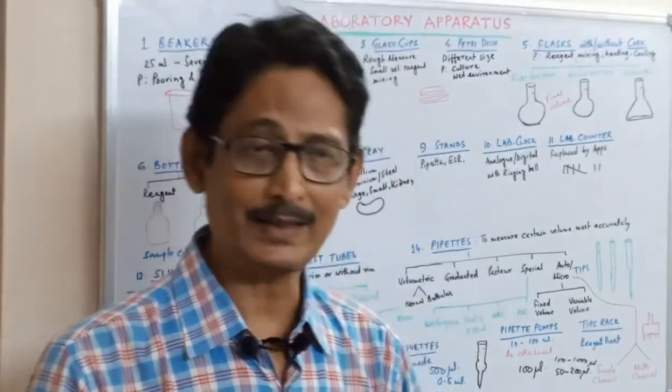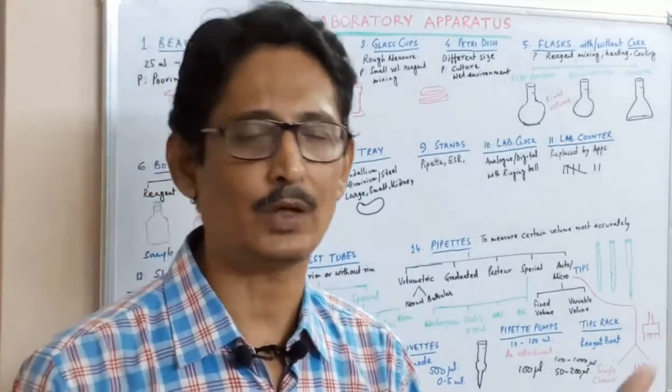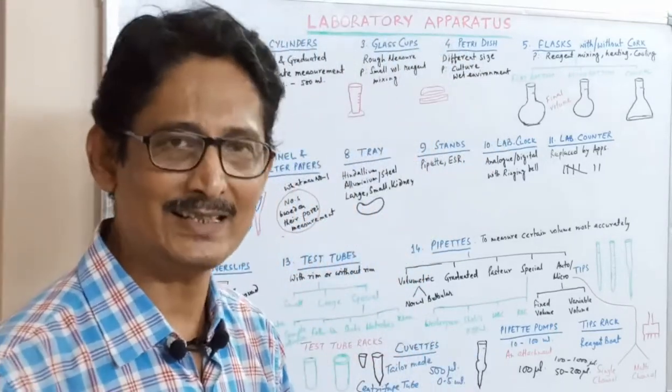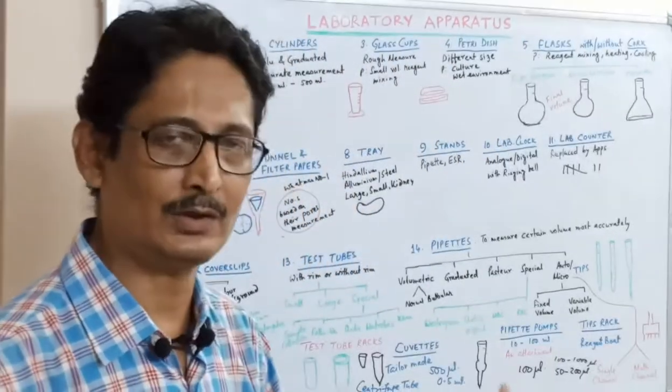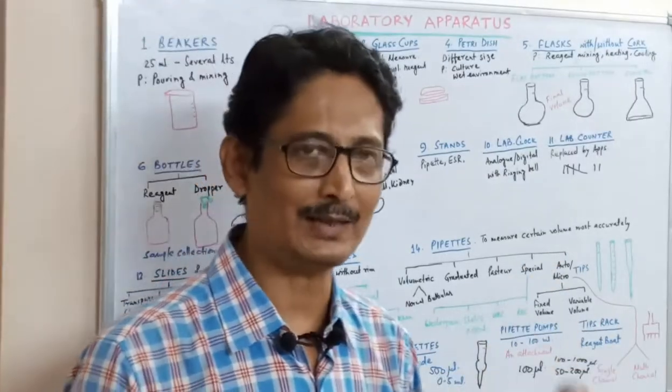If a kit contains 2 or 3 types of reagent and you do not change the tips, your reagent may be contaminated. So tips are the concept of a disposable article in the laboratory.